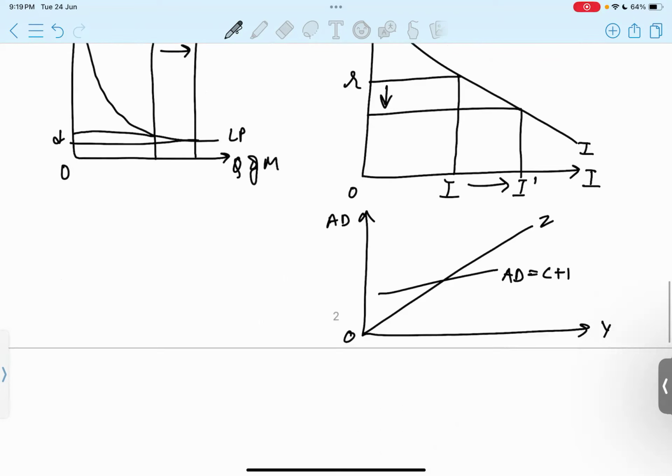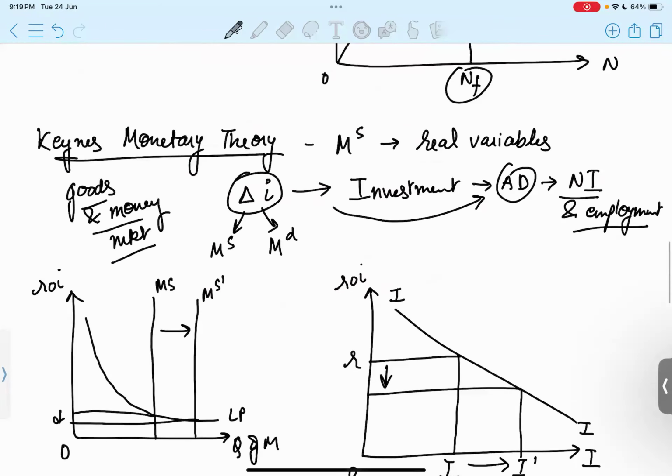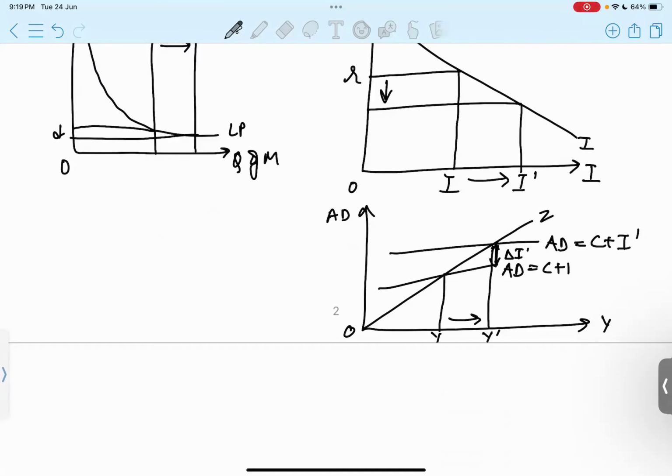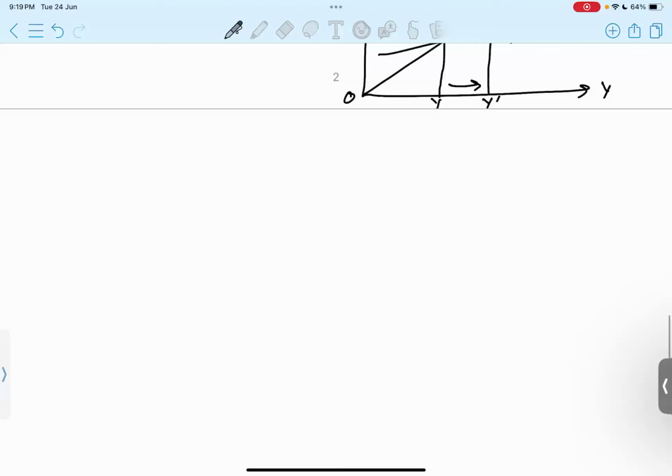When investment increases, the AD graph will shift up to the new level of investment, because this gap is showcasing the change in investment which has happened. With this, you can see that we are moving towards a higher level of national income in the economy. So that's how the change in money supply has led to an increase in the national income in the economy. So this is the Keynesian idea related to monetary policy.